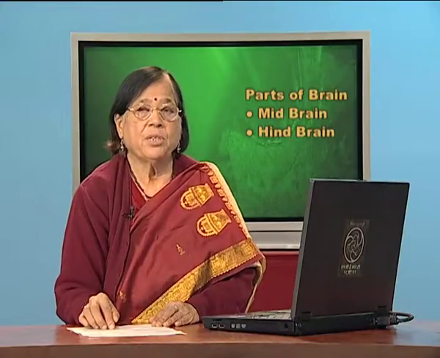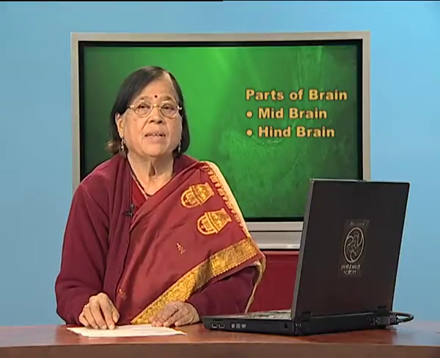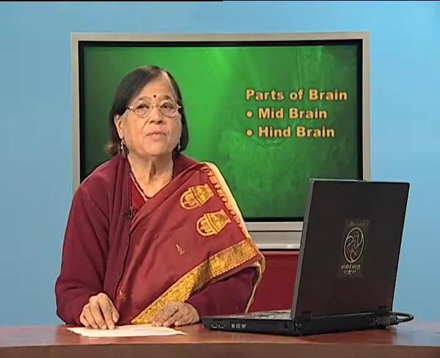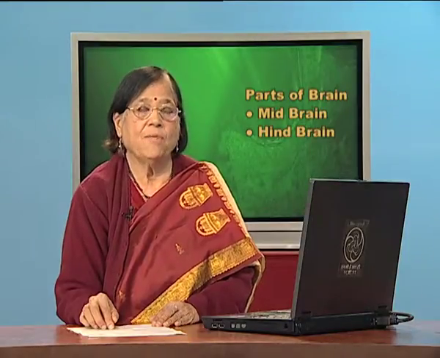So, children, you have understood that from the finger the stimulus went up to the gray matter and then it returned back to the muscle of the finger to say withdraw.